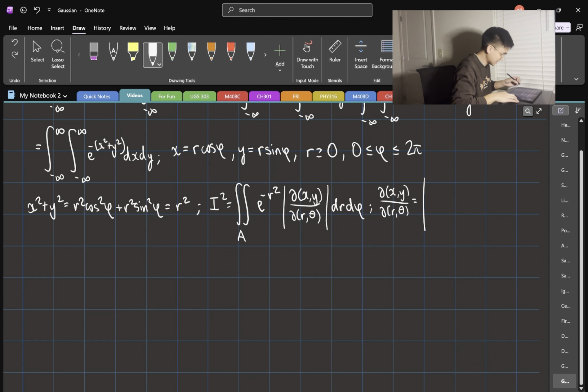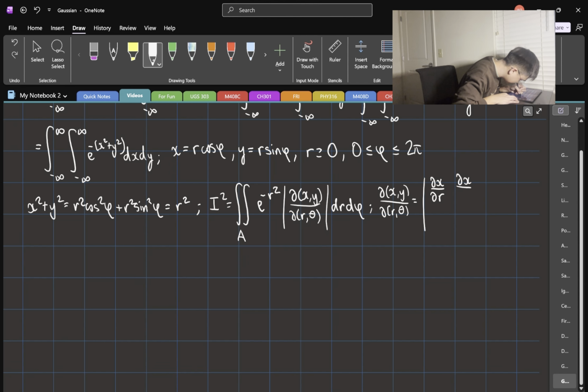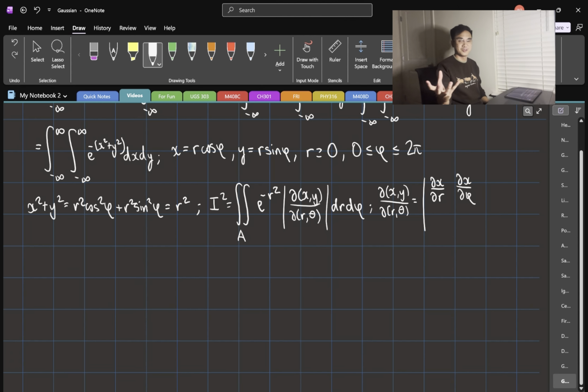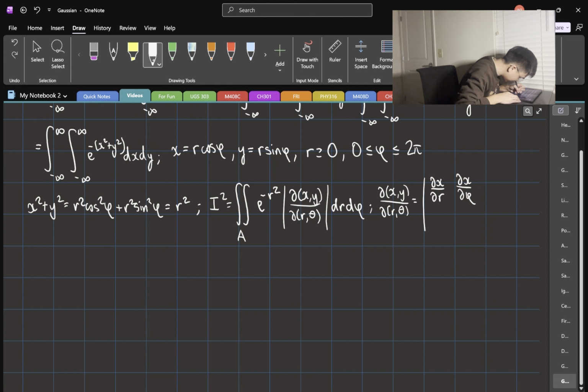Probably doesn't make a lot of sense. I'll just write it down. dx dr, dx d phi. You see how that's like kind of a gradient? You're taking the gradient with respect to the new variables of the old variables. Down here, you guessed it, dy dr, dy d phi.